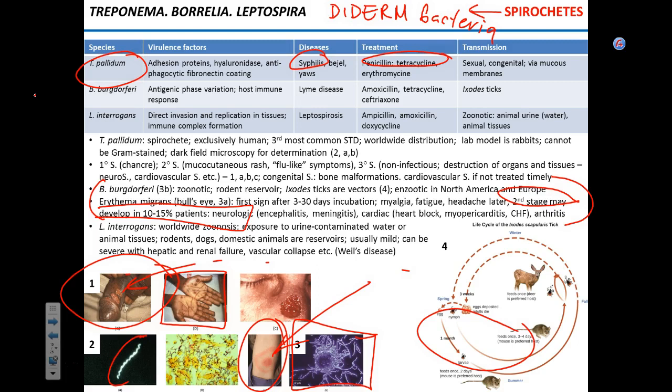Now, primary and secondary syphilis are both infectious. So the person can transmit the disease during these stages. Now, tertiary syphilis is non-infectious. In this case, the microorganism spreads systemically. Now, there are examples of neurosyphilis.